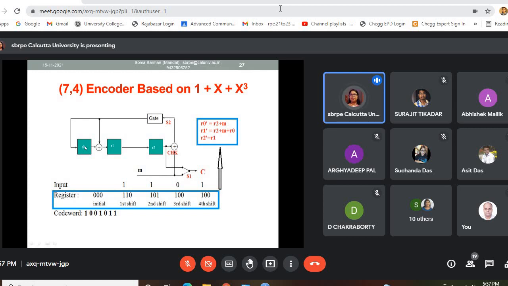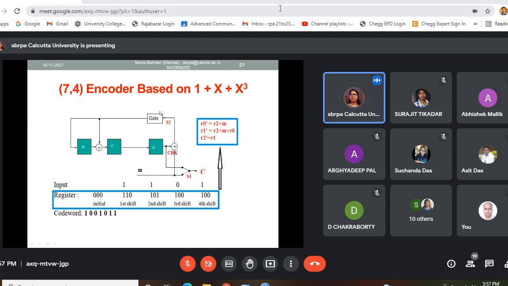Initially R0 was 0 and it will be shifted out, but here 1 was there, so this is modulo added. 0 and 1 gives you 1, so 1 is input to R1. That's why R1 is R2 plus M plus R0. R2 means this R2 actually. Actually this should be M, but here I am mentioning R2.